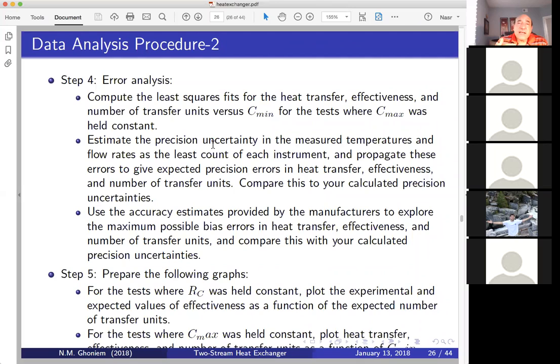The other type of graph is finding Q dot and NTU as a function of C min. So these are going to be straight line graphs. You're going to have measured values with the errors, and then you're going to connect them with a straight line and do some error analysis.